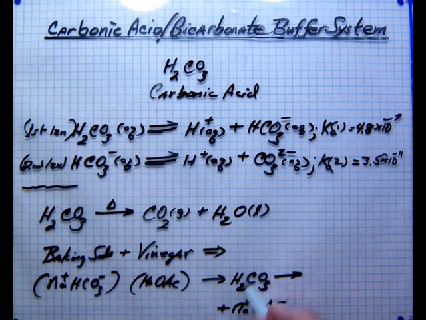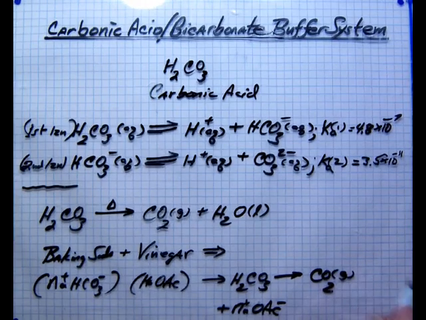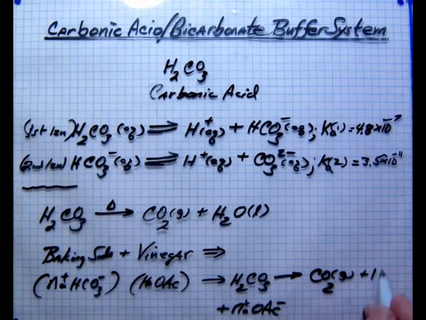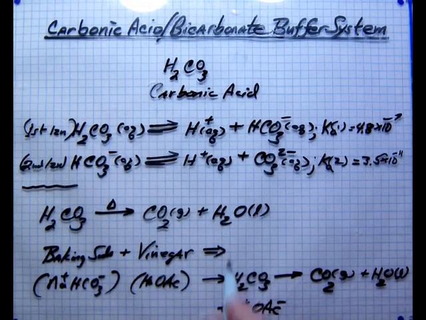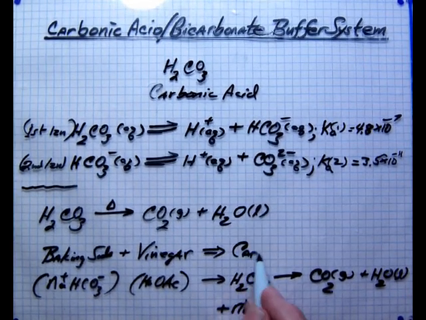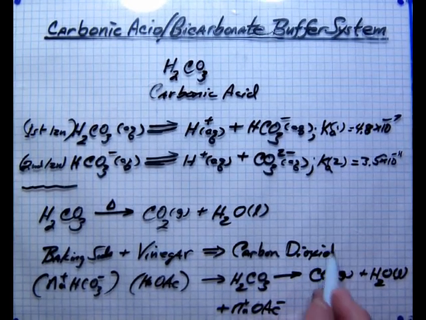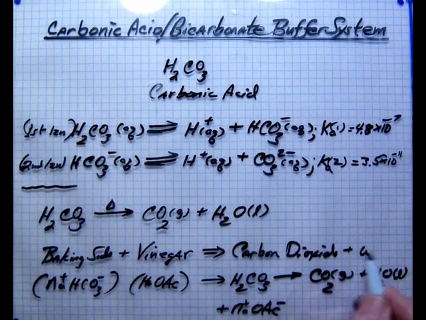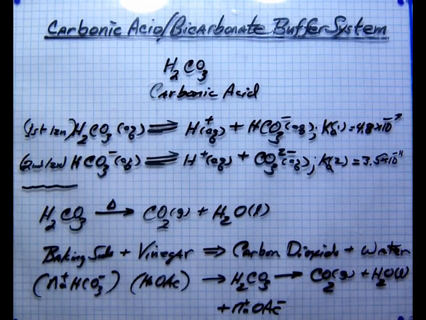And when it does, it will continue to break down into CO2 gas and some additional water in this system. So we have carbon dioxide and water. A good example is an Alka-Seltzer dropped into water.